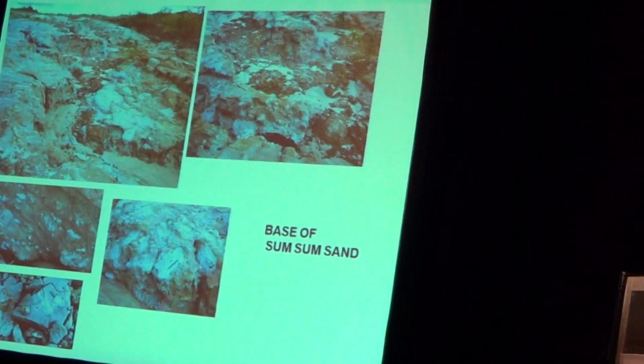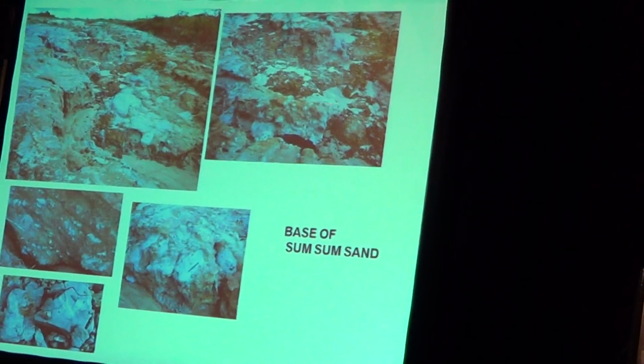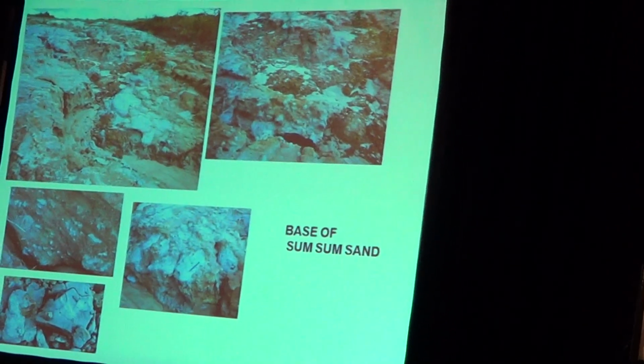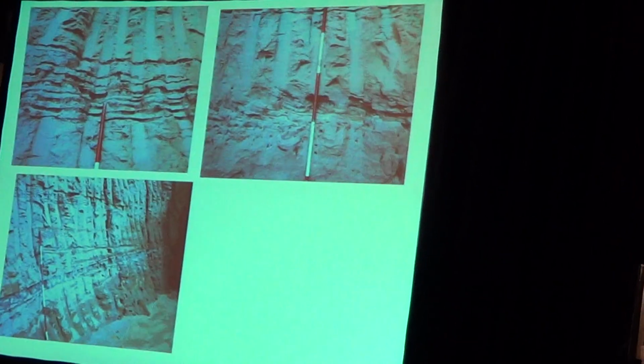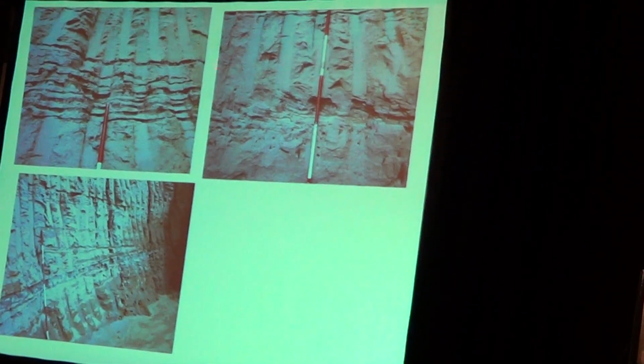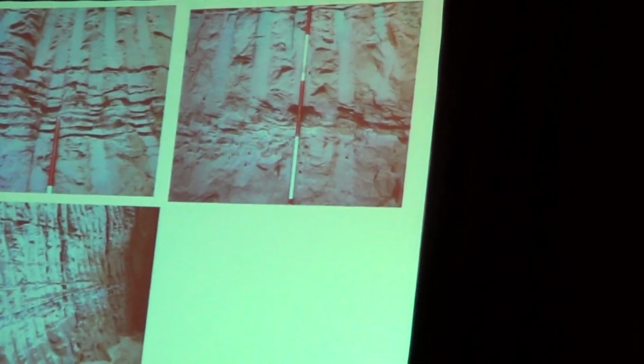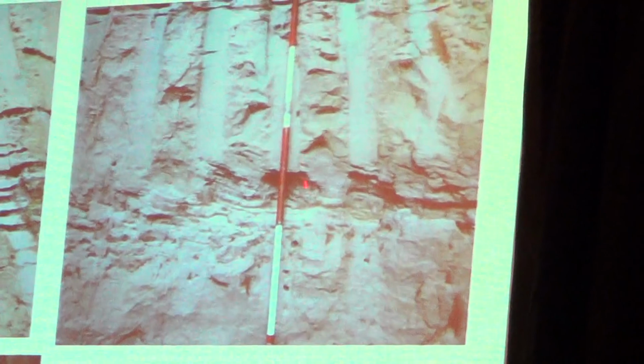At the base you see these are clays, and we see a zone of rip-ups here, lots of rip-ups. A close-up of what these sands look like, you can see toes coming down to the base of the bed here. And each of these is about a foot.